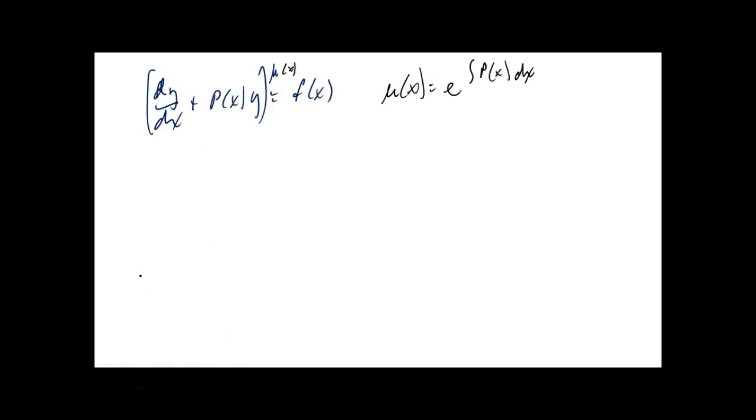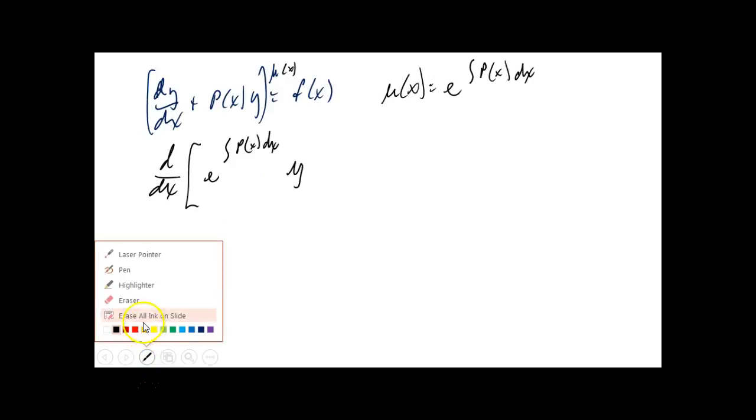I think this is where I left off. d by dx of, this is my mu, e to the integral p of x dx, times y.